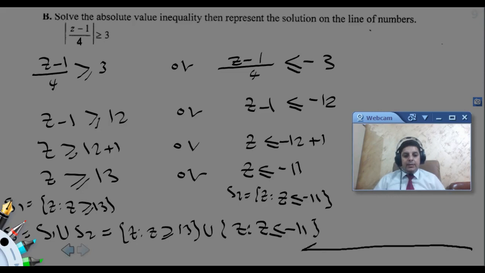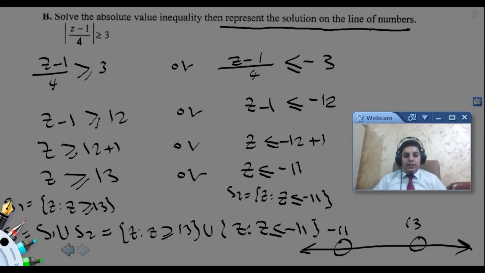By using a straight line to represent it, because he wants us to represent the solution on the number line or straight line: that is negative 11 and that is 13.